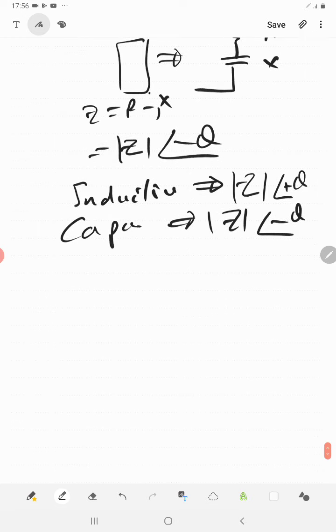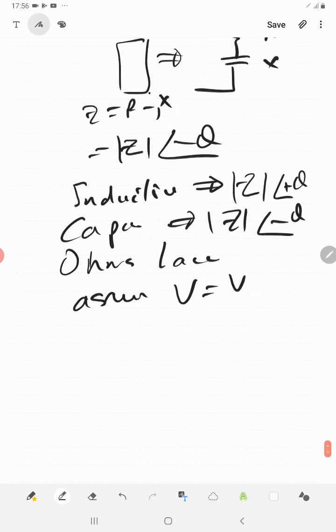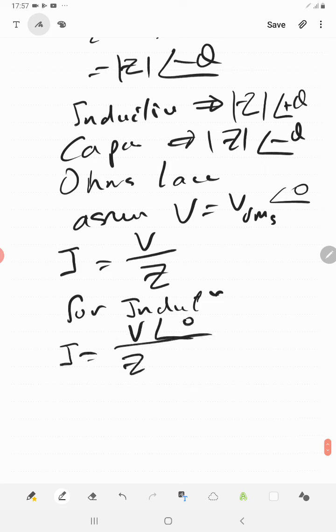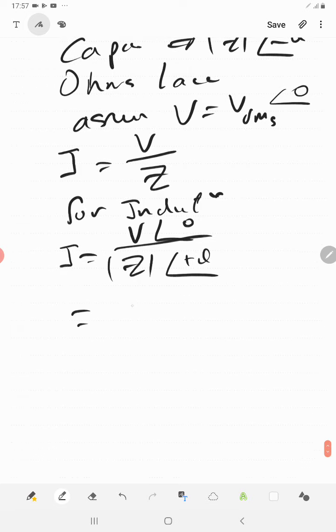Now, when we calculate Ohm's law, assume V equals V RMS angle 0, then I equals V over Z. So for inductive, I equals V angle 0 over the absolute of Z angle plus theta, so it gives you the absolute of I angle minus theta.